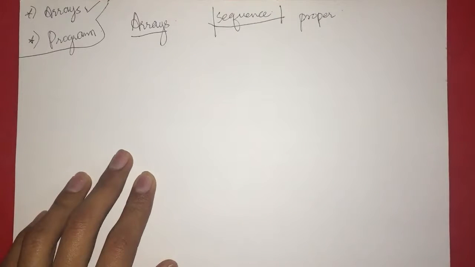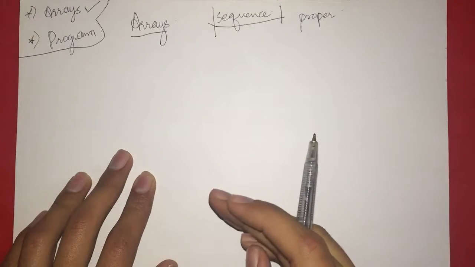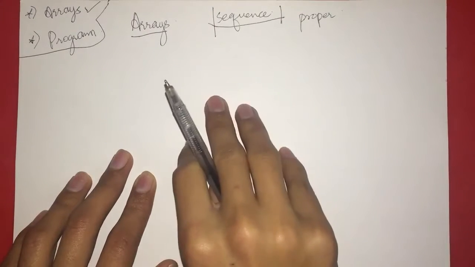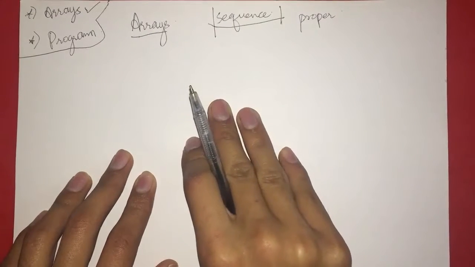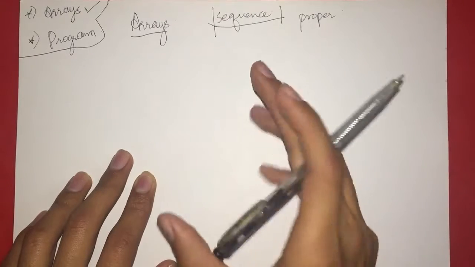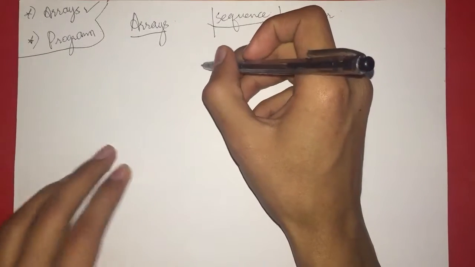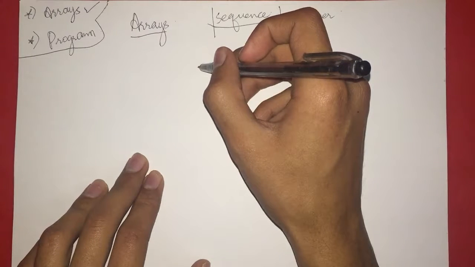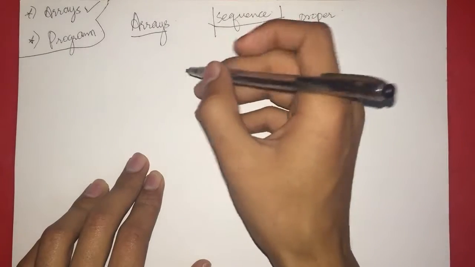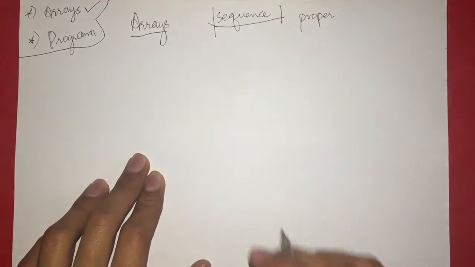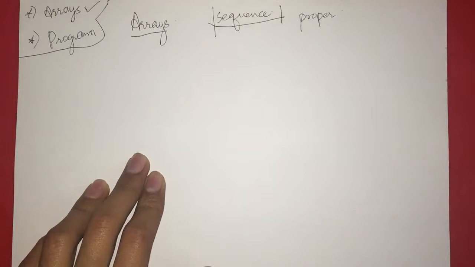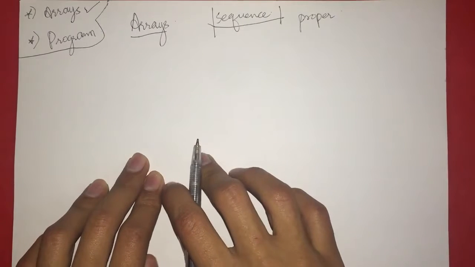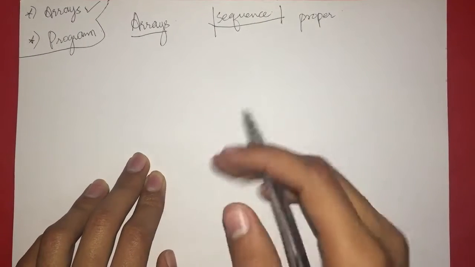an array just means all the components combined which have the same data type. So for example, if I tell you to write a program, and you have to take 100 inputs, you have to prompt the user to input 100 different variables.